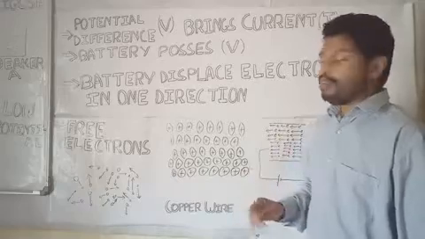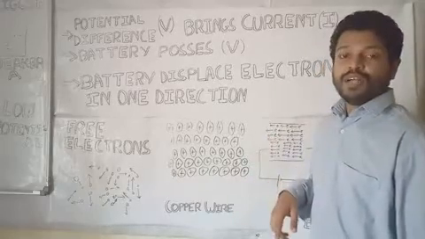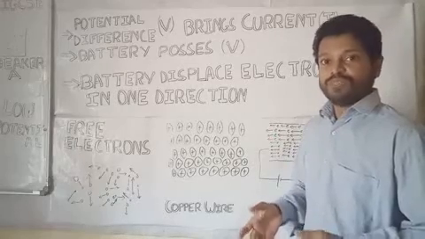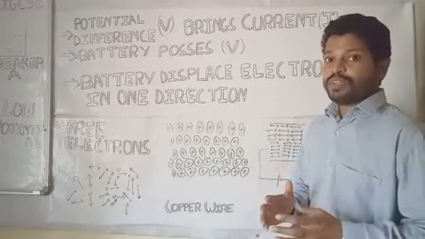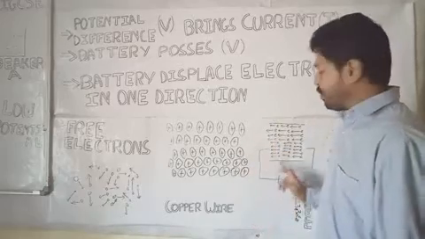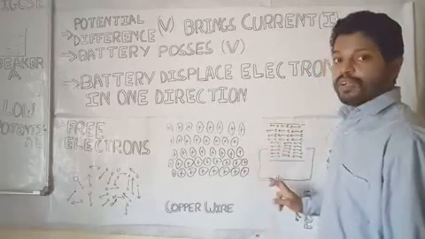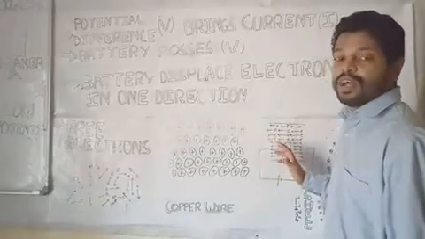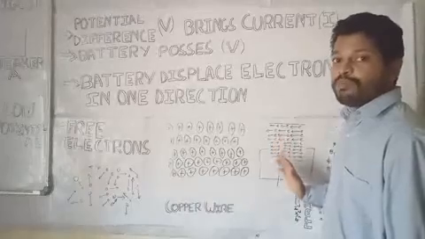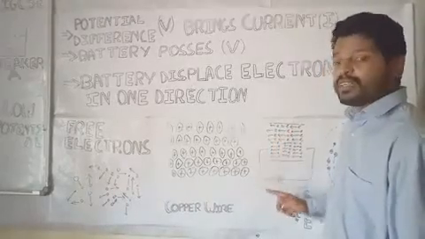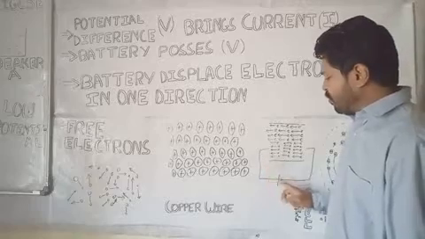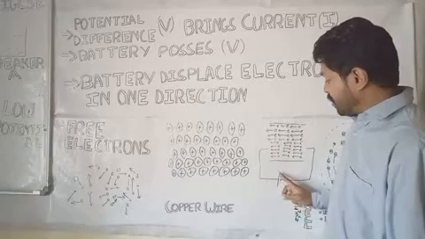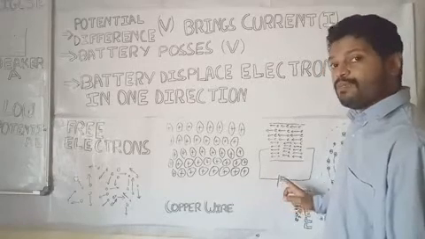In physics language we call this the electromotive force of the cell. The battery is responsible for the flow of electrons in one particular direction, because before connecting the battery, these electrons were roaming here and there at random velocities at room temperature itself. As soon as the battery is connected, these electrons move towards the positive terminal. The bigger line represents the positive terminal.